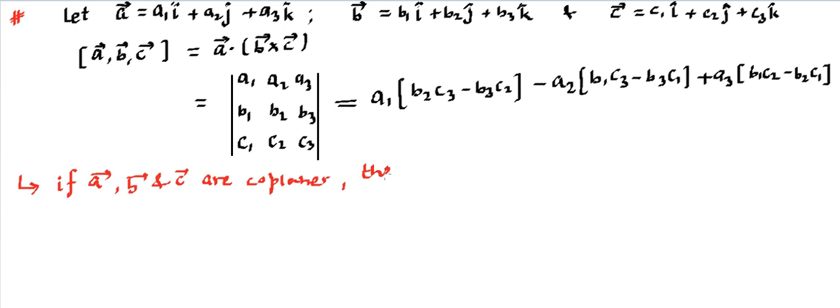Then we can claim this determinant is 0, or in short we can say the scalar triple product of a, b, c must be 0. So sometimes it will be asking you that the three vectors are coplanar, find the unknown quantity. So we will be using this determinant, simplifying it and putting it to 0. Once you put it to 0, then you will get one equation and one unknown can be solved. So that will become a type of question for examination.